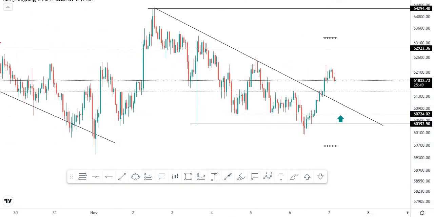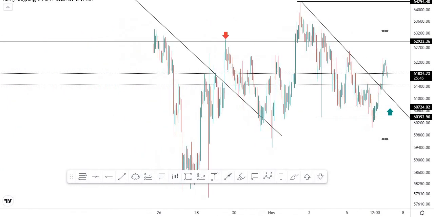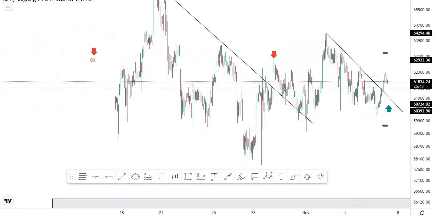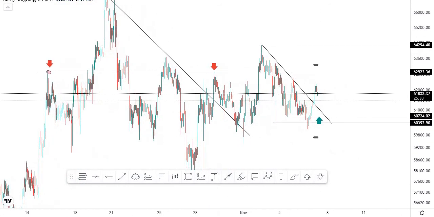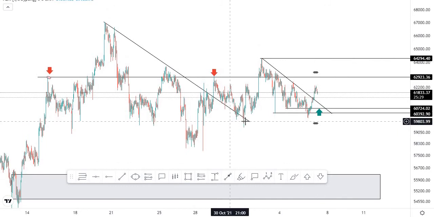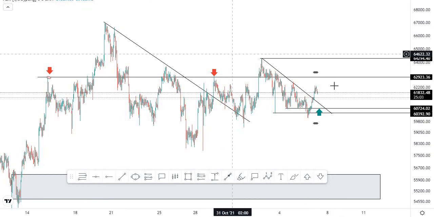Now the game plan is this. Take a look at this. The 62,900 level is a strong level. The game plan that I have is, I'm anticipating two things to happen. If the market goes up, firstly, the first retracement that I'm looking for is this.